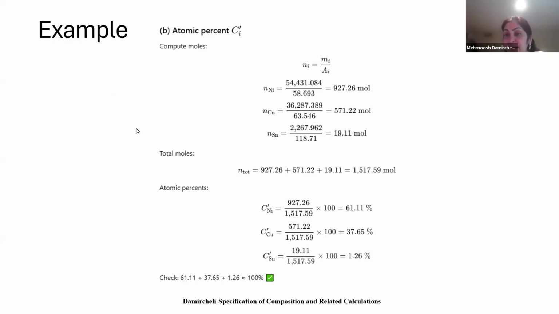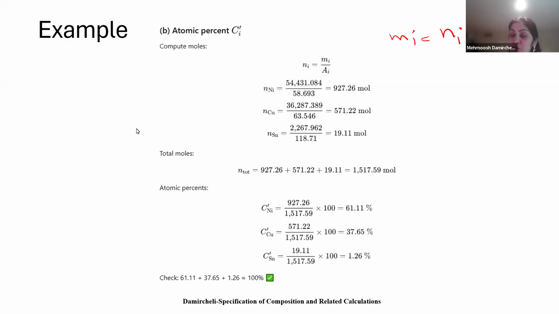Atomic percent. Atomic percent means the fractions of the mole or atomic number times 100%. You remember we had the mass of each element was the number of atoms of that element times the atomic weight of that element or component. So vice versa, Ni is Mi divided by Ai.